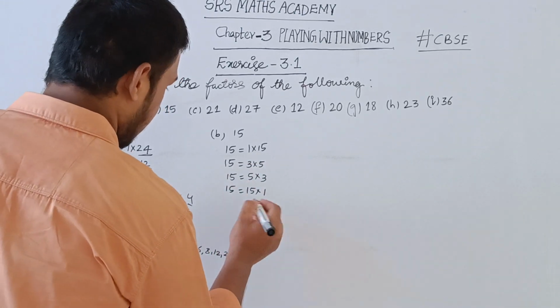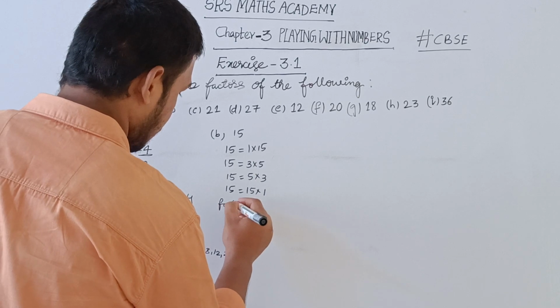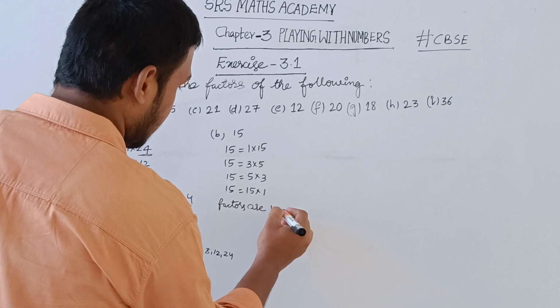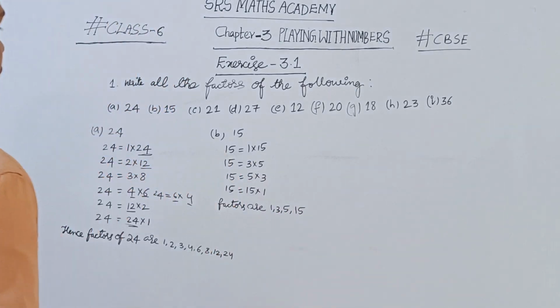So the factors are 1, 3, 5, 15. These four are the factors of 15.